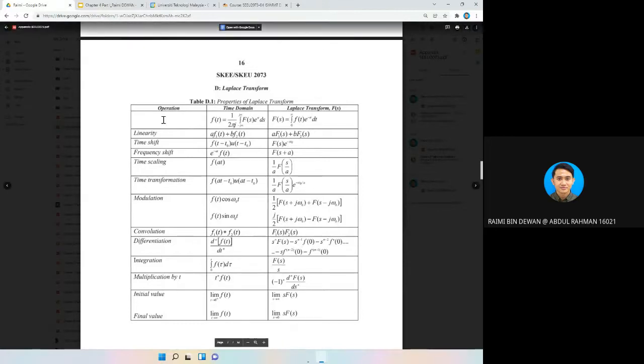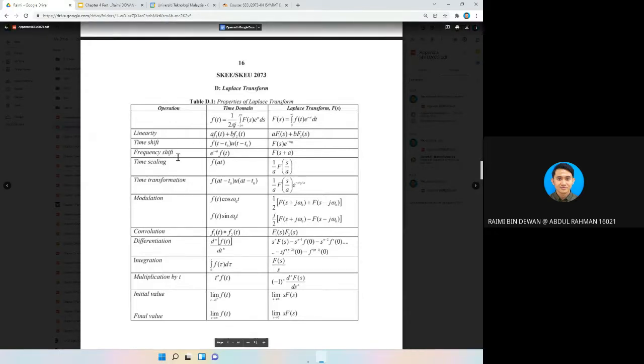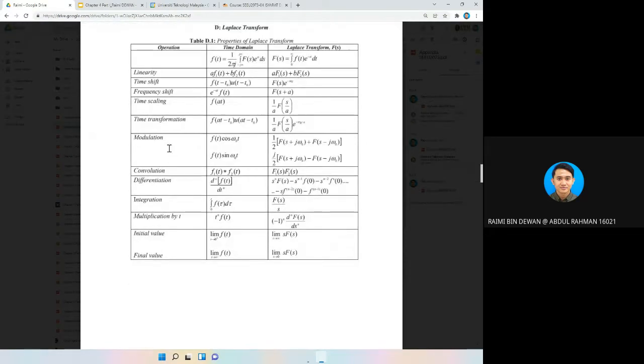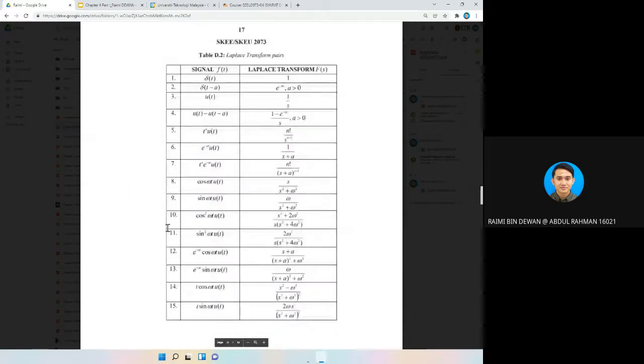We will still cover the same, but for the differential equation scenario: linearity, time shift, frequency shift, time scaling, time transformation, modulation, convolution, differentiation, integration, multiplication by t, initial value, and final value. Here the Laplace transform pairs are also given.